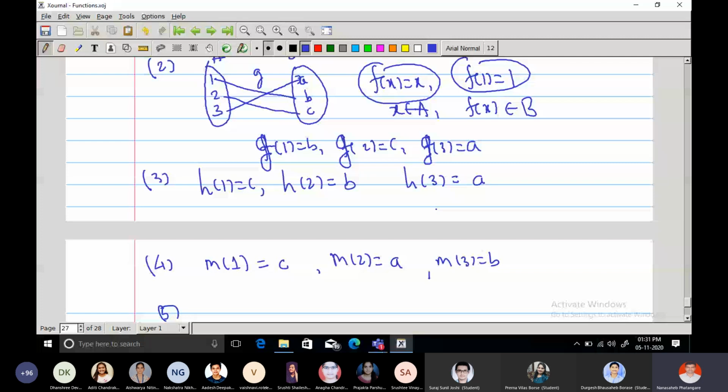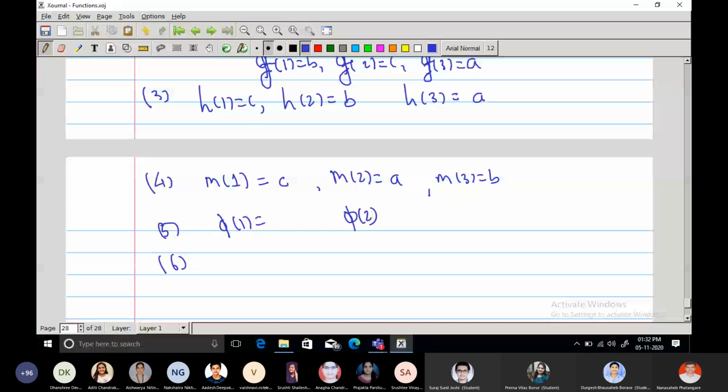Any new function? Phi of 1 is equal to, phi of 2 is equal to. Phi is just notation for a function anyway, or you can use some different notation. Can you tell me one more function?